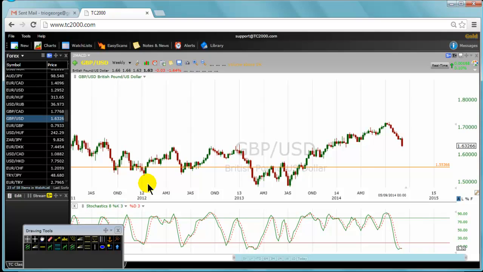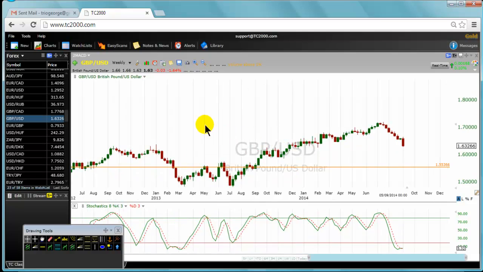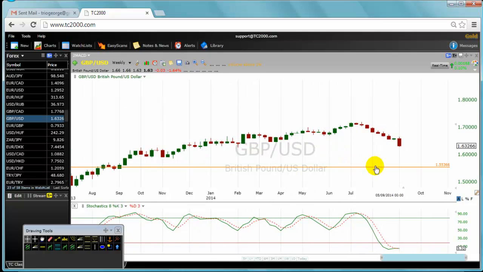For the pound dollar, it usually goes in the same direction as the euro USD. Very friendly currency pair. If you do not trade this currency pair, try it. It's a beautiful currency pair that people should trade. It's only recently that we see a lot of messy scenarios here. You see how the price is going down all this time, no stop.